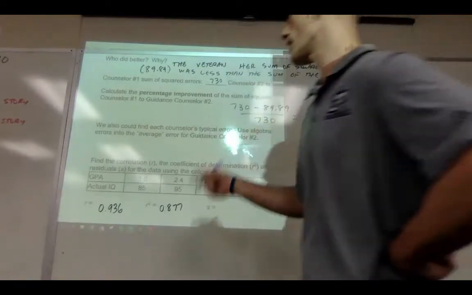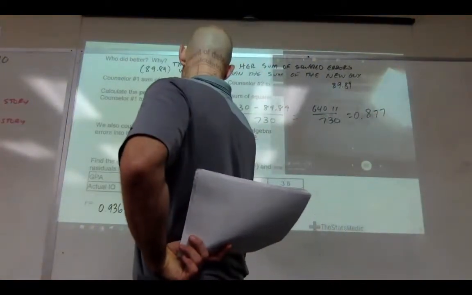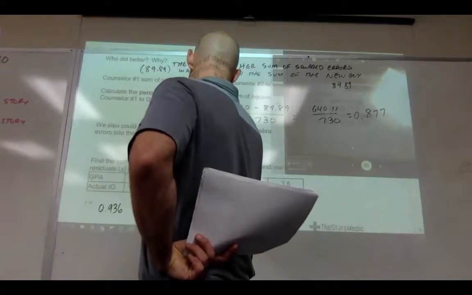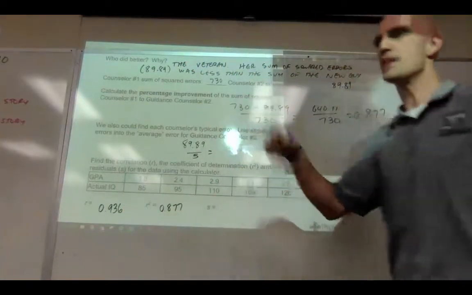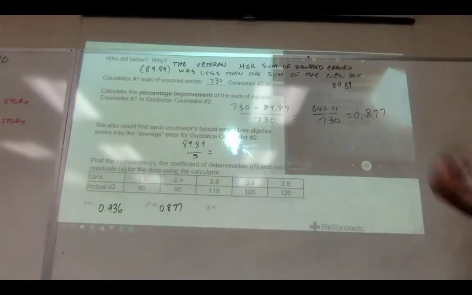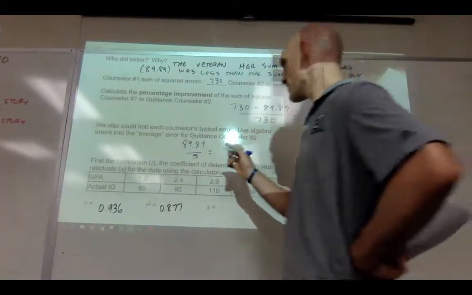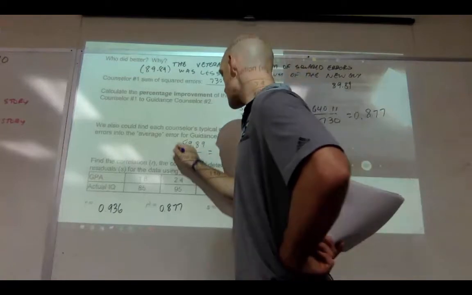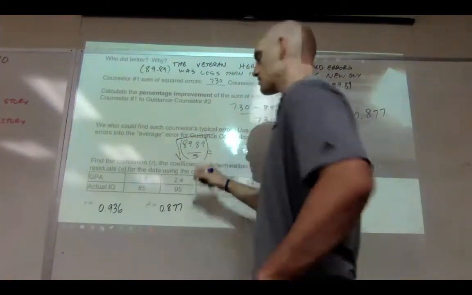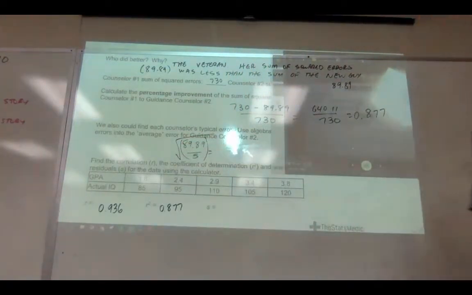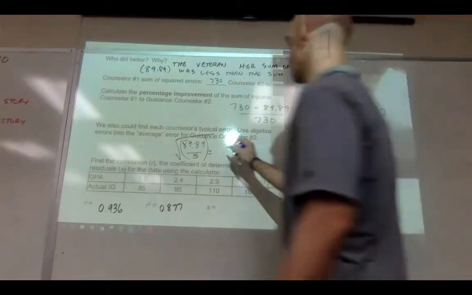The sum of the squared errors. So if I take 89.89 and divide by 5, I get the typical amount of squared error per person. Then I'm going to take the square root of the whole thing. What do you get? 4.24. Okay, 4.24.